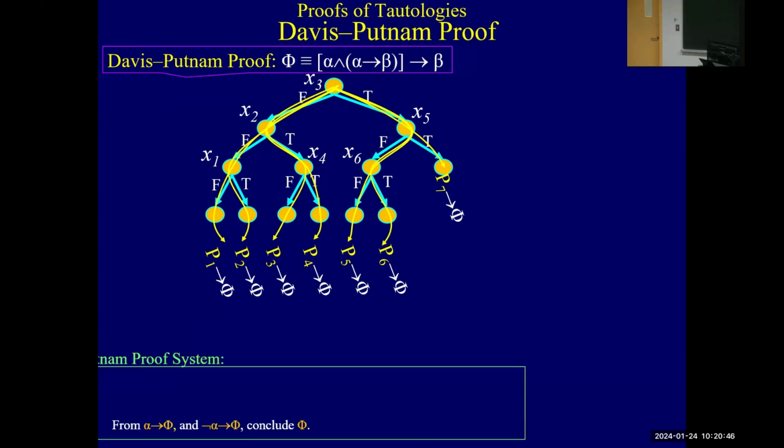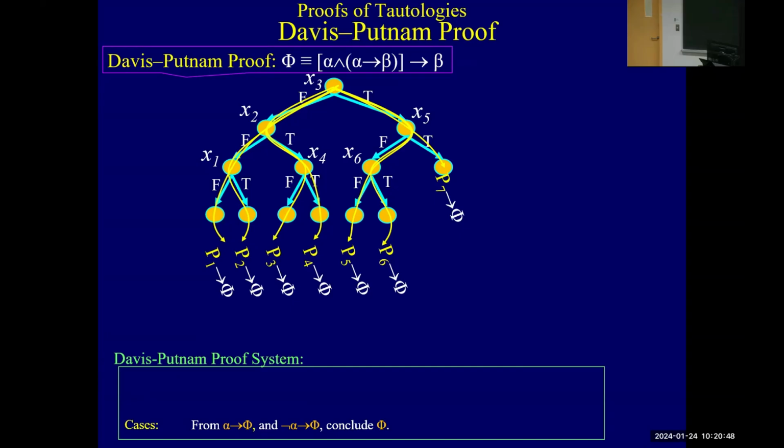And then how do we conclude? Well, if alpha gives it to us and not alpha gives it to us, then we have it, right? So we can now go backwards, right? Here we've said, well, if x1, assuming all this stuff here, we're in this assumption, right?